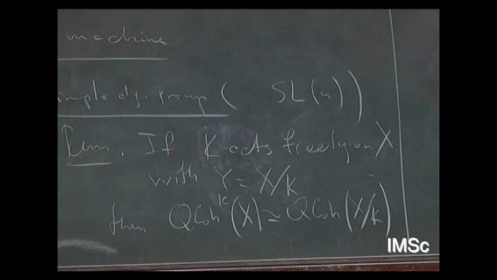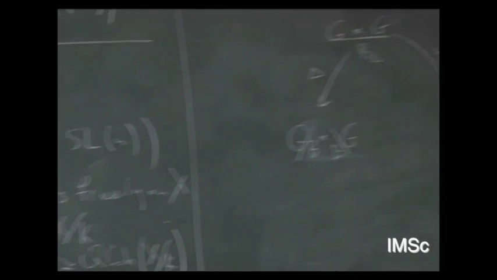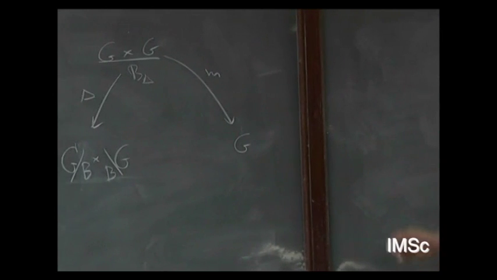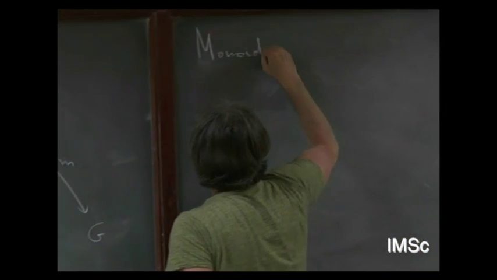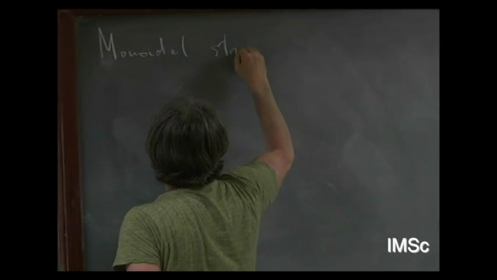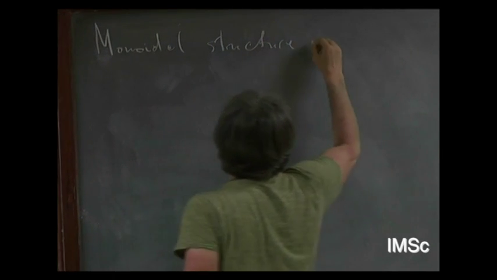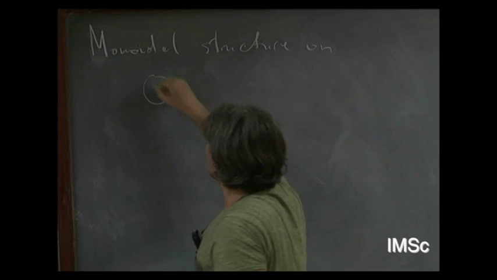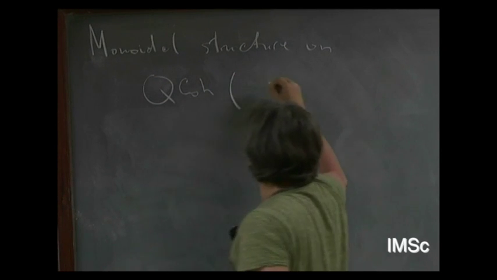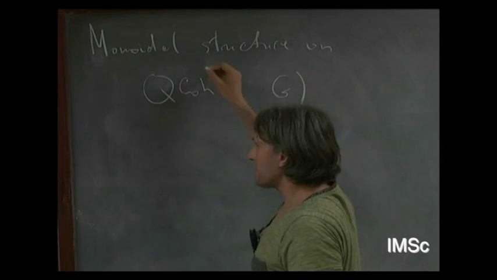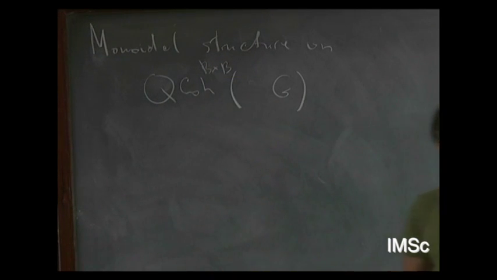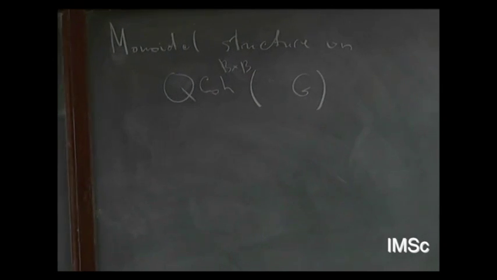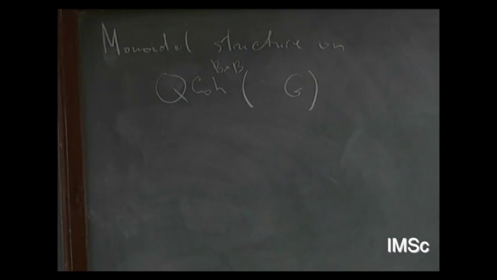Anyways, what I want to define is the monoidal structure on quasi-coherent sheaves on G which are bi-equivariant with respect to B. So if you recall my toy example, it's exactly the analog of this space I was considering, only now it's a triangulated category.